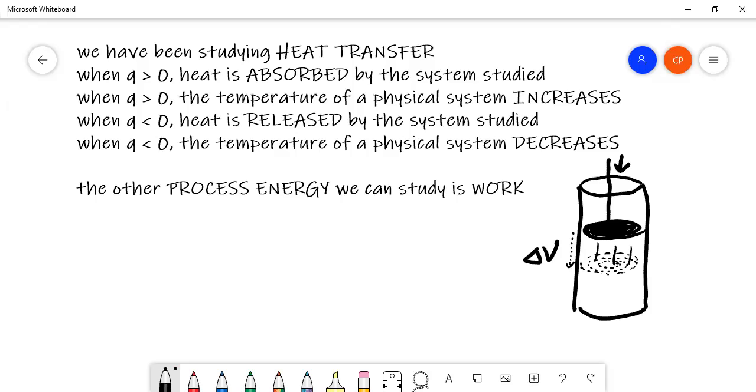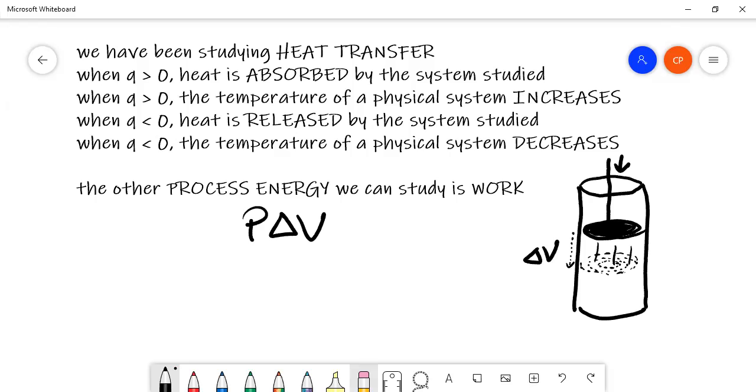I've decreased its volume by pressing down on it with a force, and applying that force over an area is applying a pressure to the gas. And I say that pressure times change in volume is the work done.